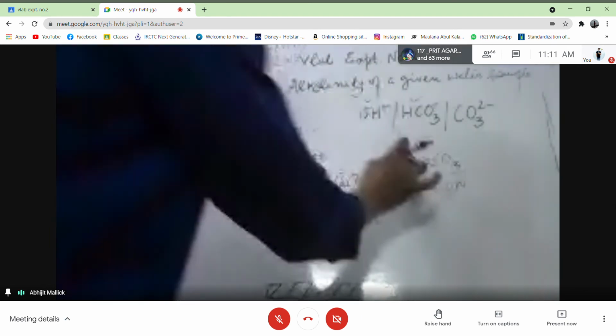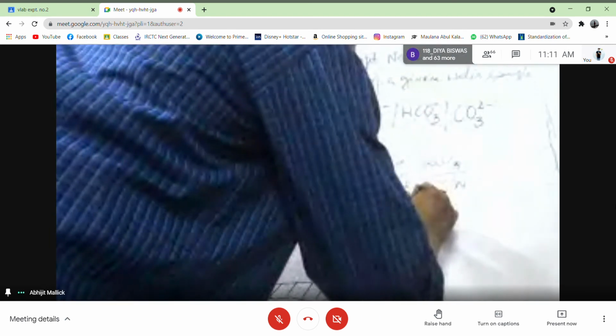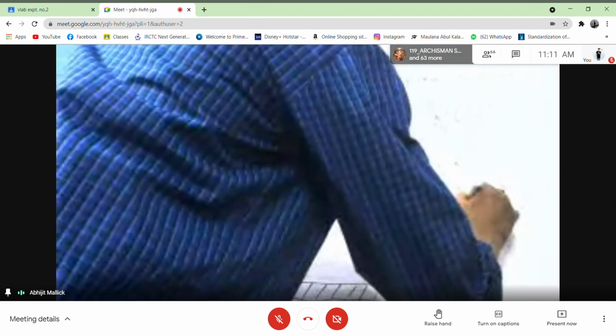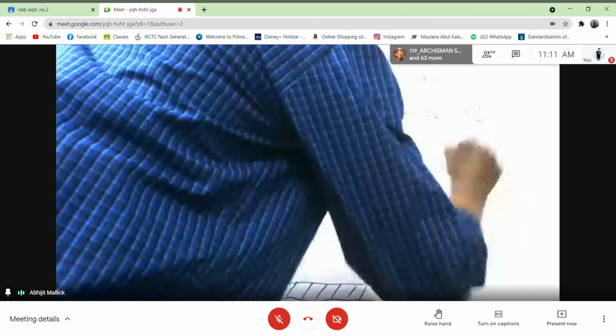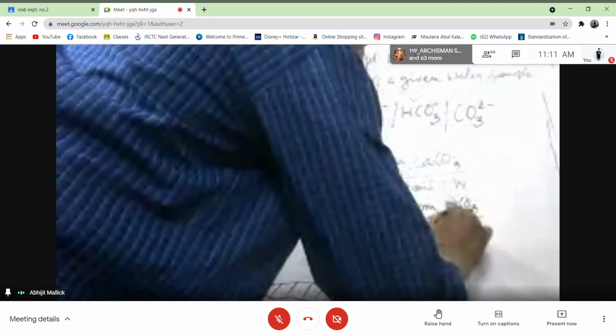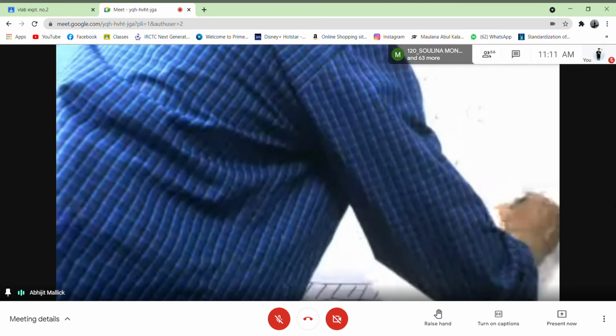Now gram is converted to milligram, that is 10 to the power of 3 milligram CaCO3, and milliliter is converted to liter, that means 10 to the power of 3 liter distilled water. So this is cancelled out, that means ppm means milligram per liter.